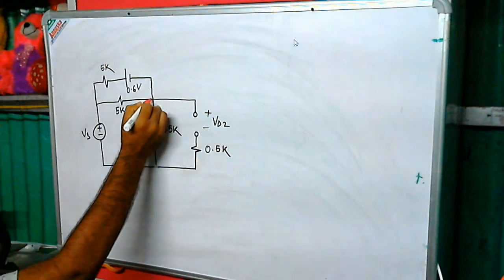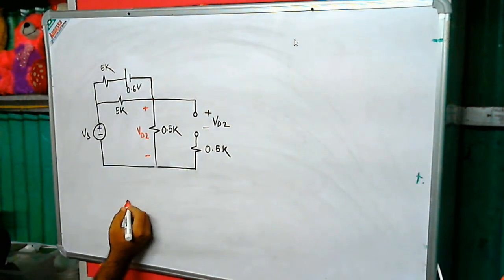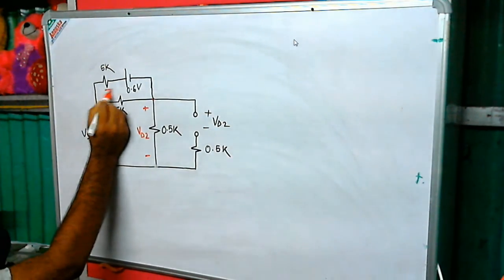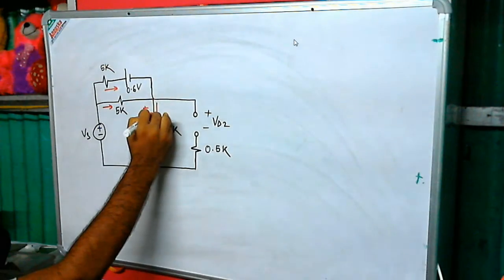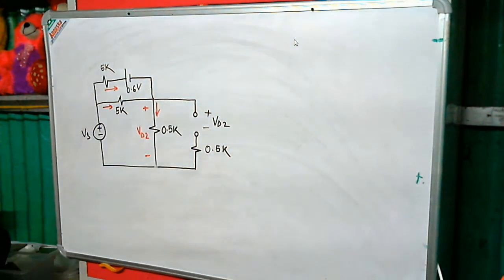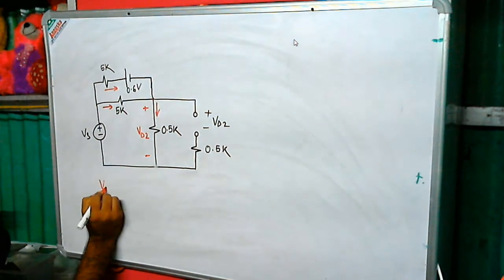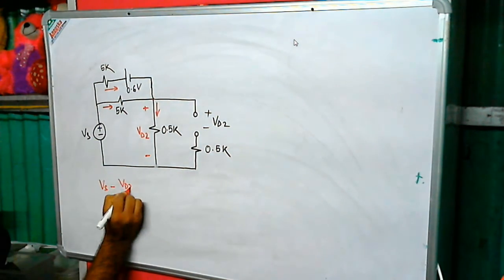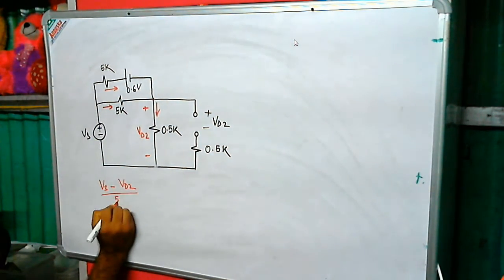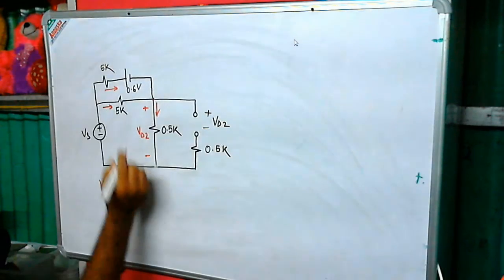Now you can apply KCL over here. So what is KCL? This current is equal to this current. What is this current? This current is basically Vs minus VD2 divided by 5k. What is this current?